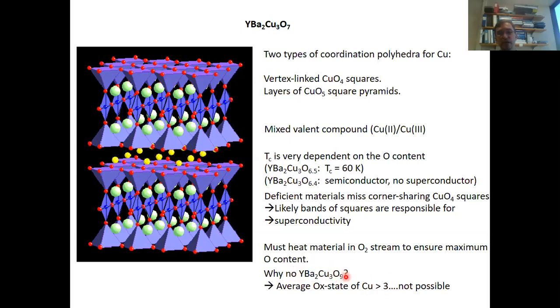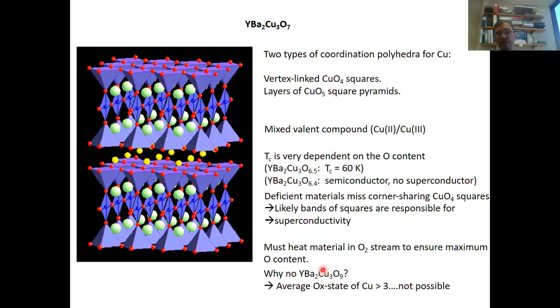The oxide ions would have a charge of -2. We have 9 of them, so we have -2 times 9, which gives -18. Yttrium has a positive charge of 3, barium 2 plus 2, so we have 3 plus 2 plus 2, which gives 7.